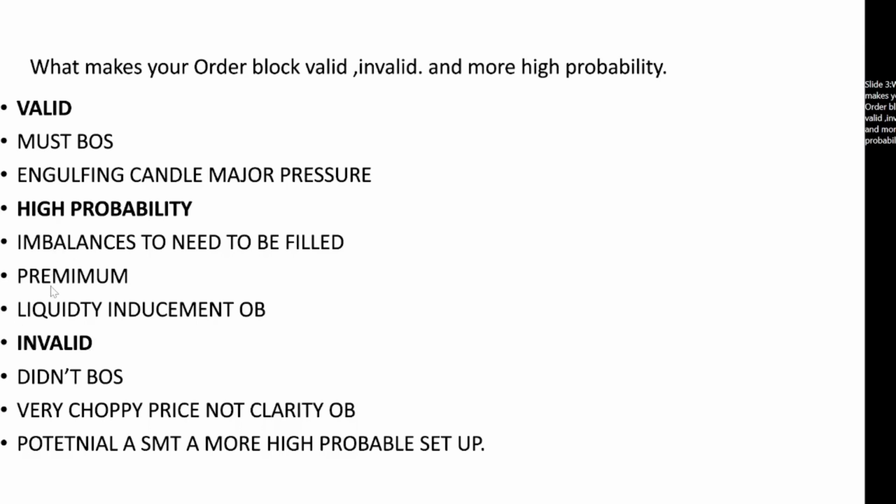The next one is a major high probability one, a premium level. The way I trade, there are 3 premium levels: 0.79, 0.62, and 0.5 in the Fibonacci retracements. This increases the validity. Why? Because premium levels are levels where price is at its best.